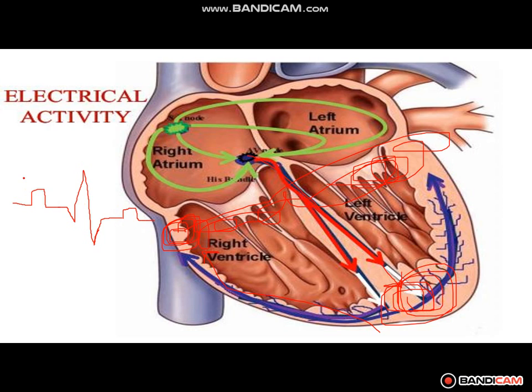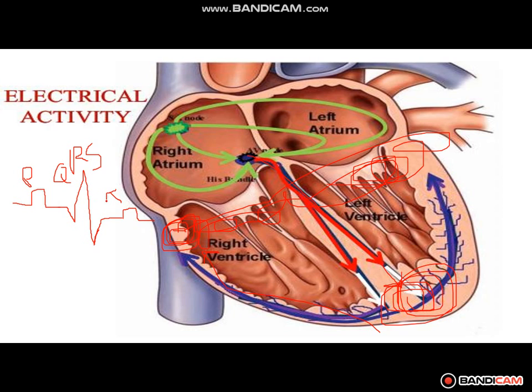Then when the electrical impulses come to the interventricular septum, they produce another wave called the Q wave. When the electrical impulse reaches the apex of the heart, it produces the R wave.